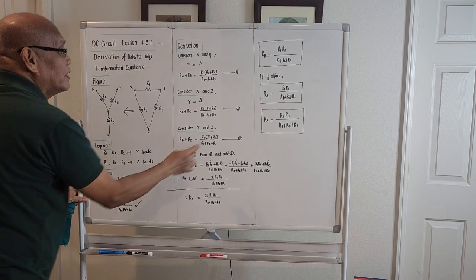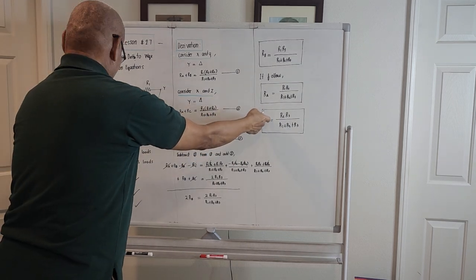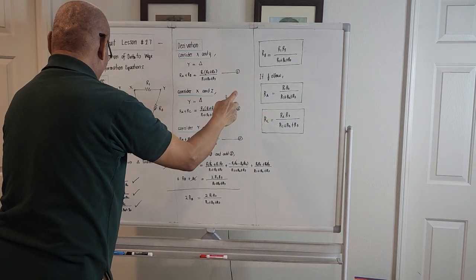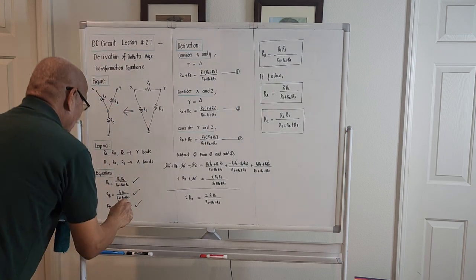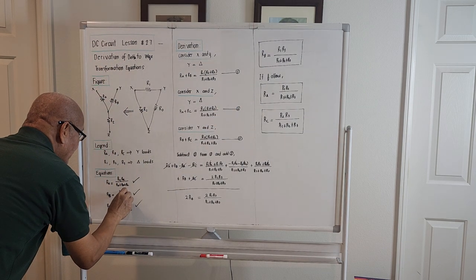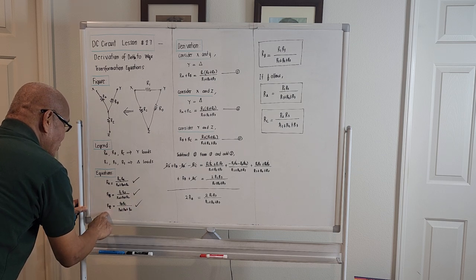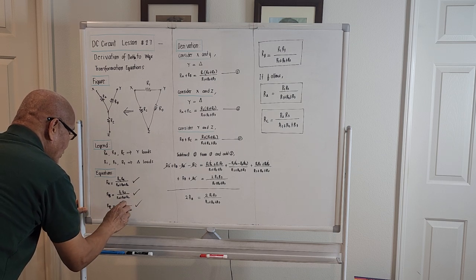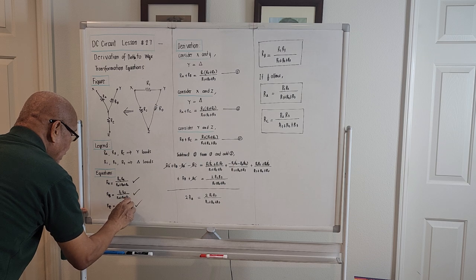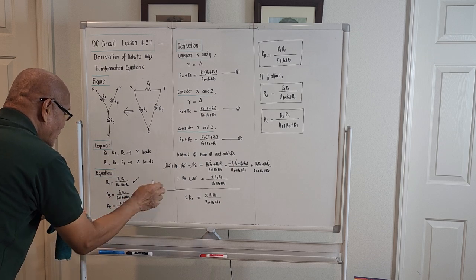So for RB, it should be the product of R1 and R3. And for RC, it should be R2 and R3, all over the same denominator.